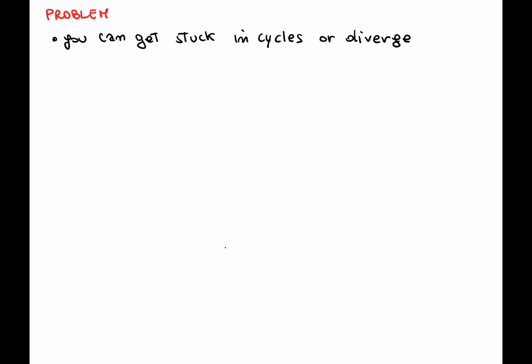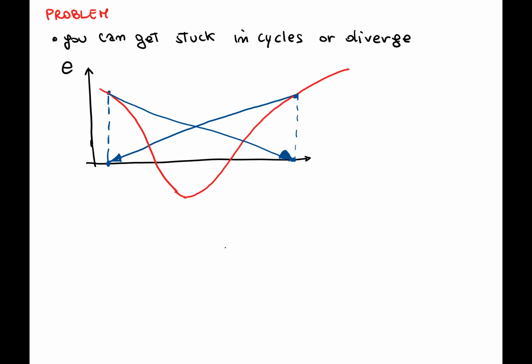Now, what is the problem with this approach? The problem is that you can get stuck in cycles. So we solved the invertibility problem by adding a regularization to the Hessian, but we could end up in a situation, because our function is nonlinear, so it's the red one.